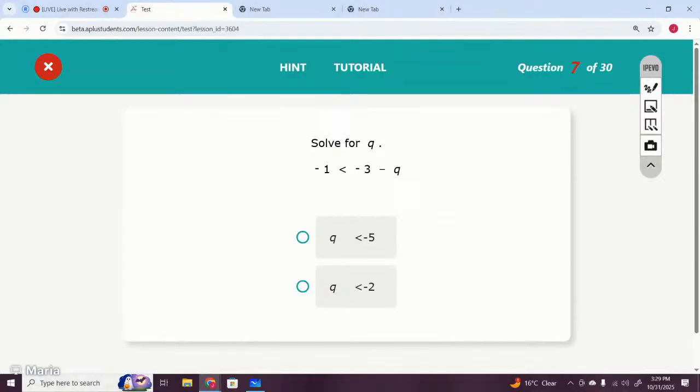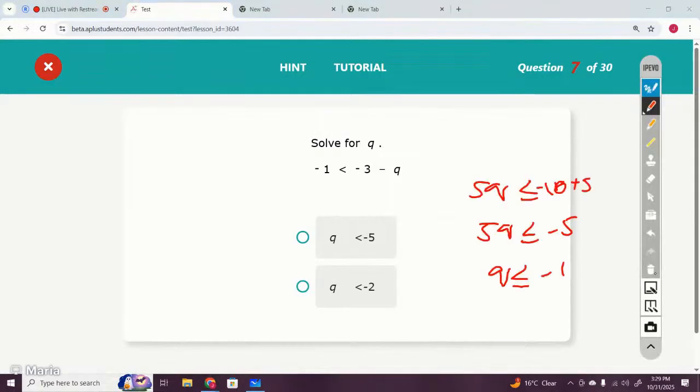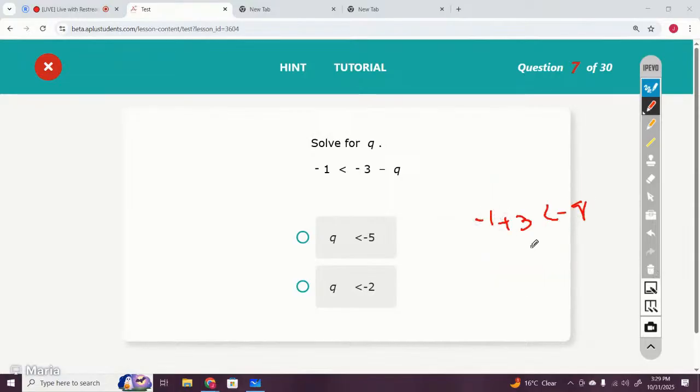Negative 1 is less than negative 3 minus q. Negative 1 plus 3 is less than negative q. 2 is less than negative q.